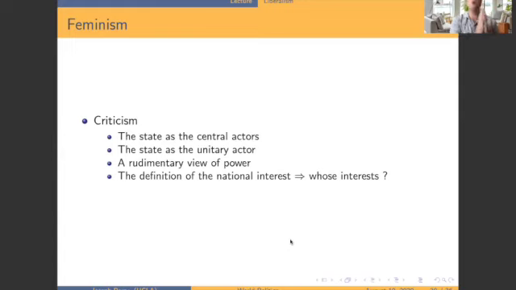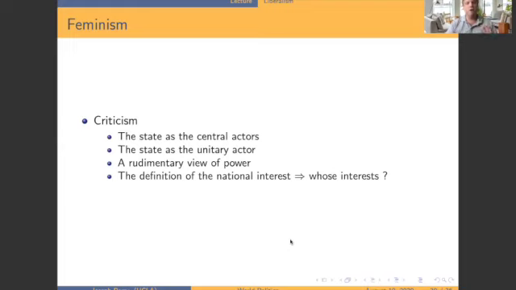Instead, feminists argue that non-state actors play as much of a role in shaping international relations as state actors, and that varying hierarchies exist in their ability to shape the international system.